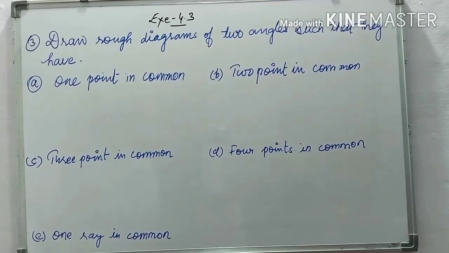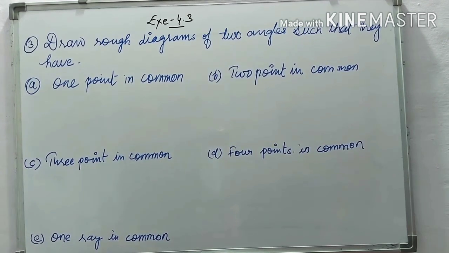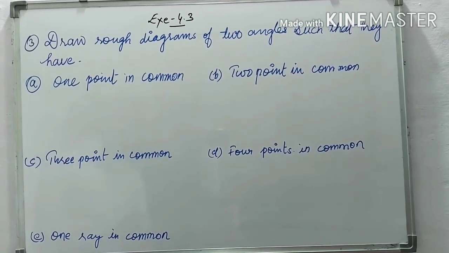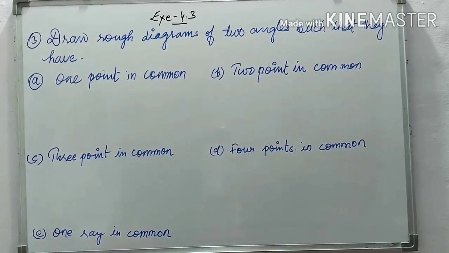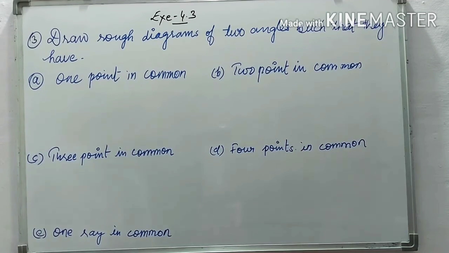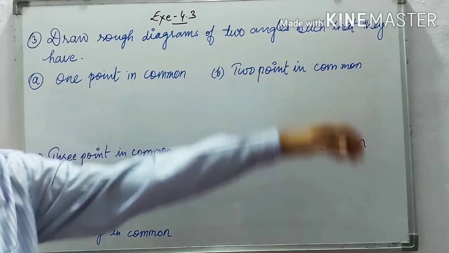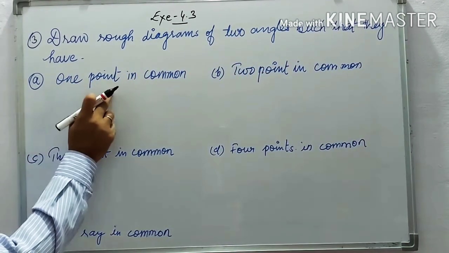Now question number 3 in exercise 4.3: draw rough diagrams of two angles such that they have, in five cases in between. The first is: draw rough diagrams of two angles such that they have one common point.